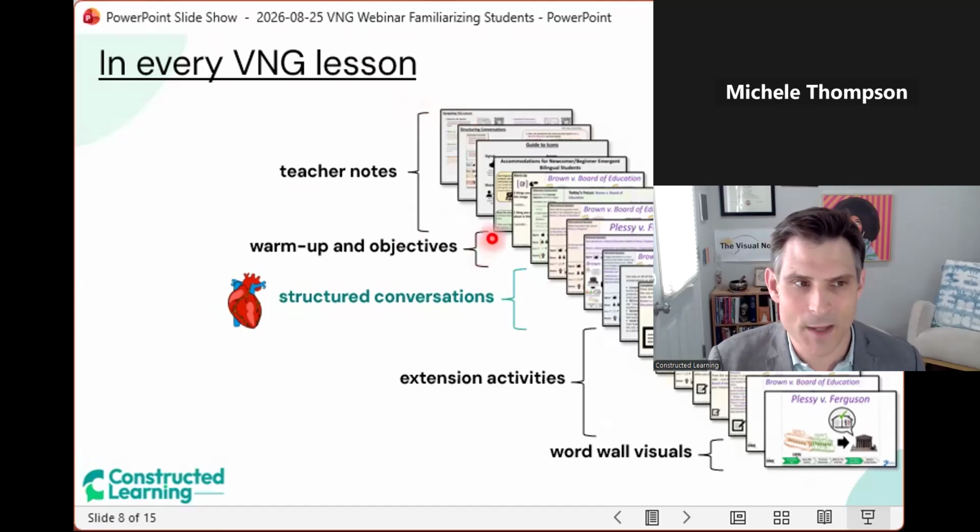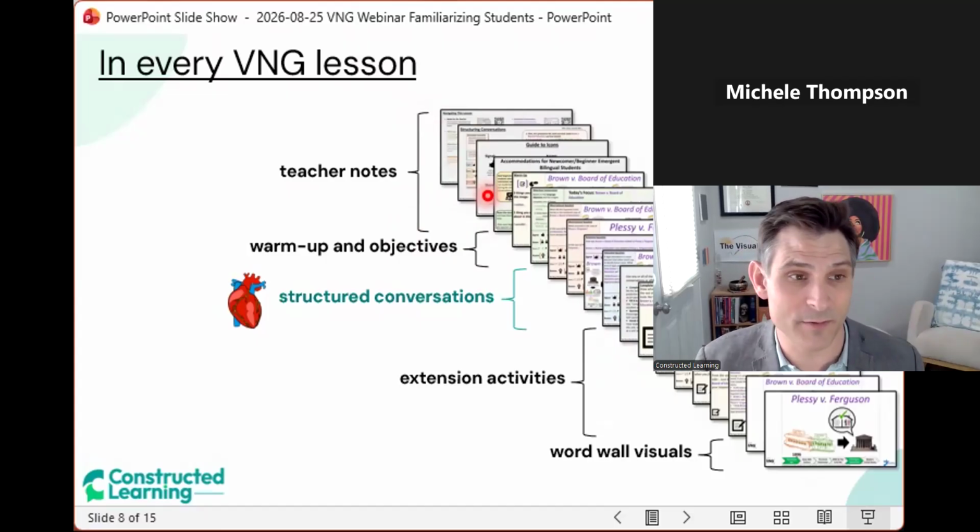I'll just tell you, the slides are color coded as well. So if you ever see a slide that's gray, it means it's for the teacher's eyes only. It's not meant to be projected as part of the lesson. I will say that these teacher notes, we've just updated them this summer, and they've got some very good things in them.